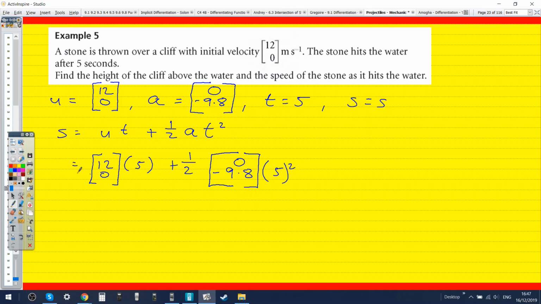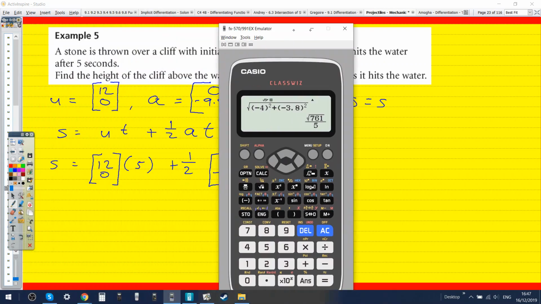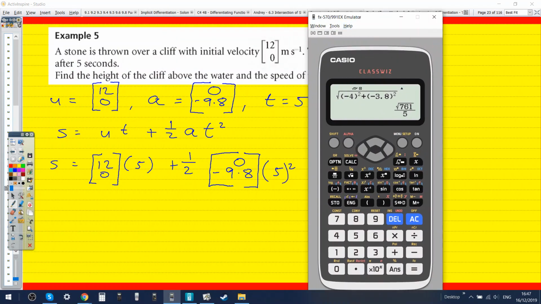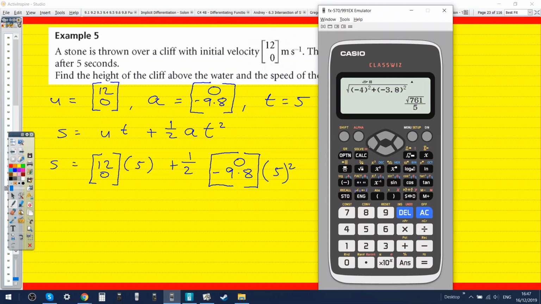So for the first part of the equation, are we timesing 12 by 5? We do it for the whole thing, I believe. So multiply both of them by 5. So that would be 60 over 0. Yeah, 60, 0.